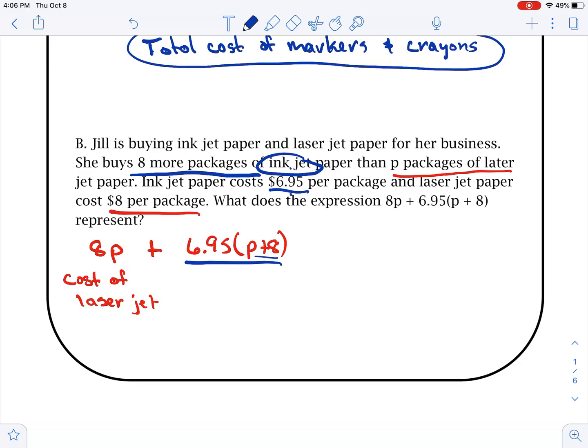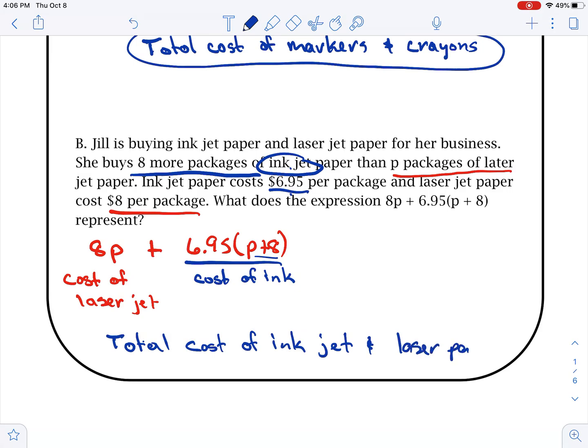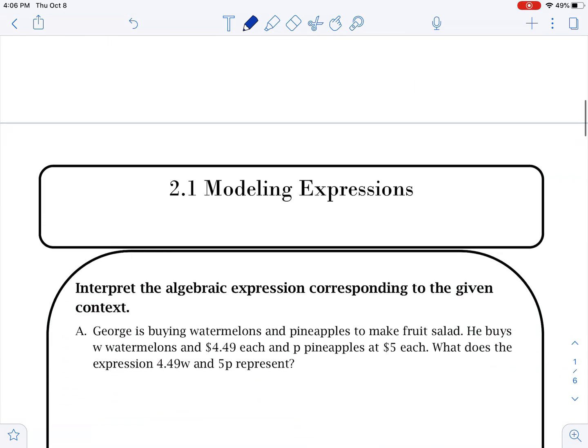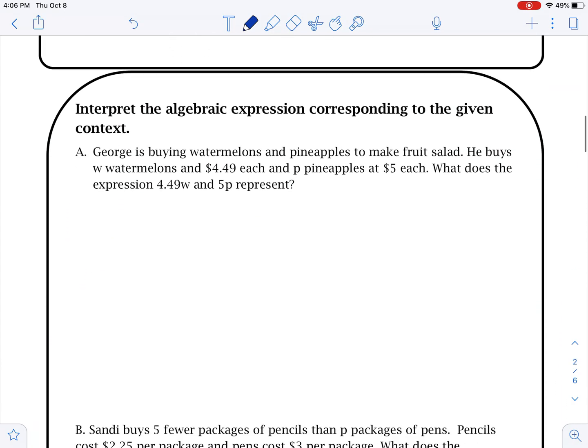So this is the cost of inkjet. So what we get is the total cost of inkjet and laser paper. So that's what we're trying to do: what are these terms, what are we trying to find, and how are we going to do it?